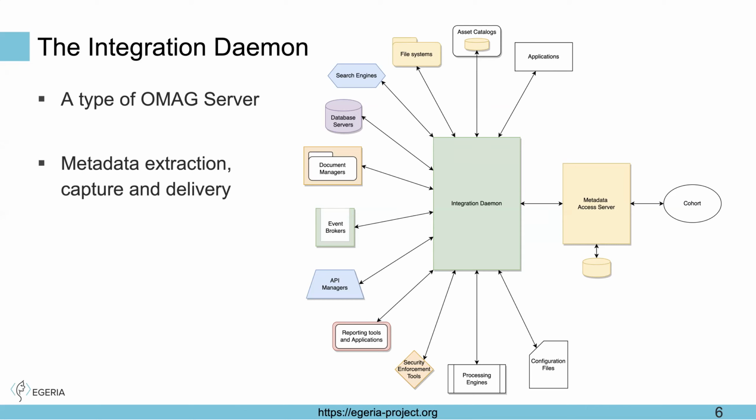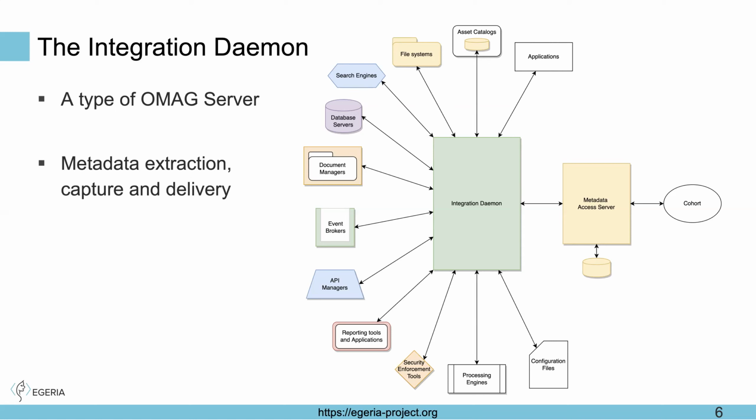So at the top of the page, you'll see asset catalogs, and the integration daemon can actually do a very sophisticated exchange with another asset catalog through its processes. It has no metadata store itself, so it's a governance server, and it sits and communicates with a metadata access server.